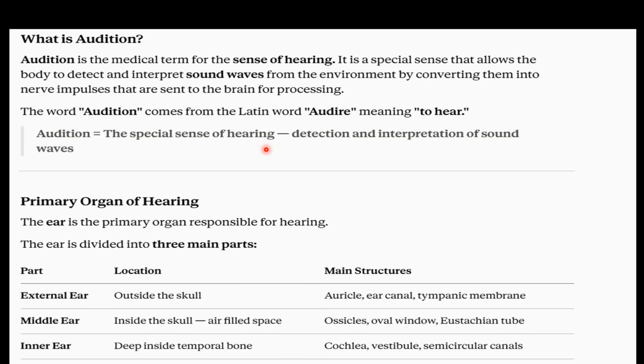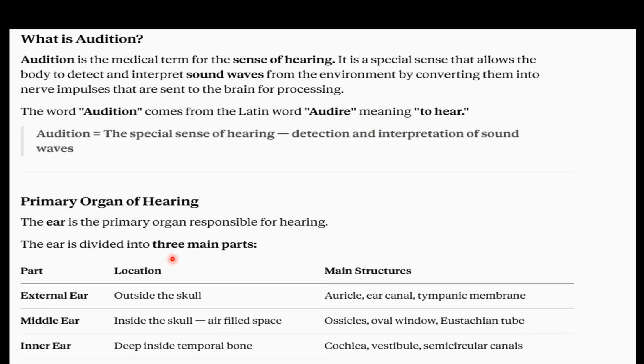Now, what are the primary organs of hearing? The primary organ of hearing is the ear, of course, because the ear is the thing that really helps us to hear things. If we talk about its internal parts, the ear is divided into three parts: external ear, middle ear and inner ear.